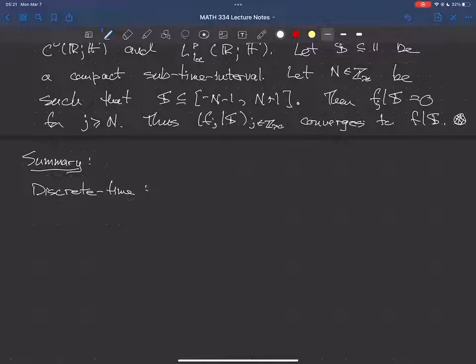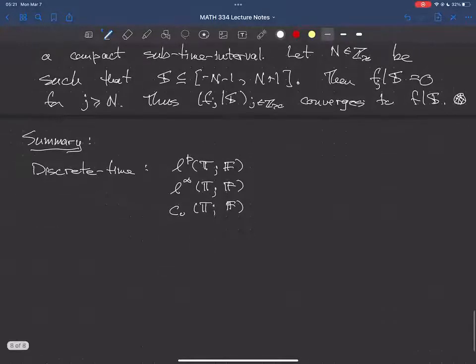We have little l^p, we have l infinity, and then we have a little c0. And we had studied, for example, the inclusion relations for these.